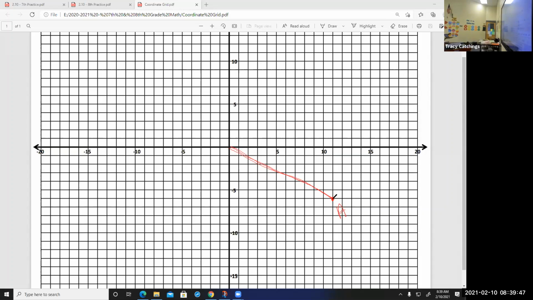What else will I need to find in order to tell the distance between A and origin? Distance between points. Using the Pythagorean theorem. What do we need in order to use the Pythagorean theorem? A and B. How can we find A and B?